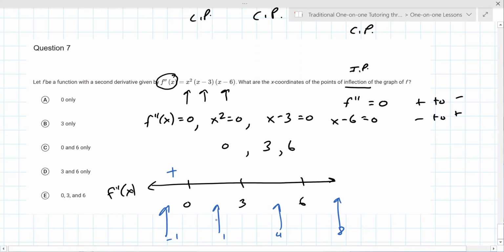Was 1 positive? Yes, positive, negative. And then 8 would be positive. Okay, good. So it only occurs when you go from plus to minus or minus to plus. So there's 1 at 3 and 1 at 6, but nothing at 0.